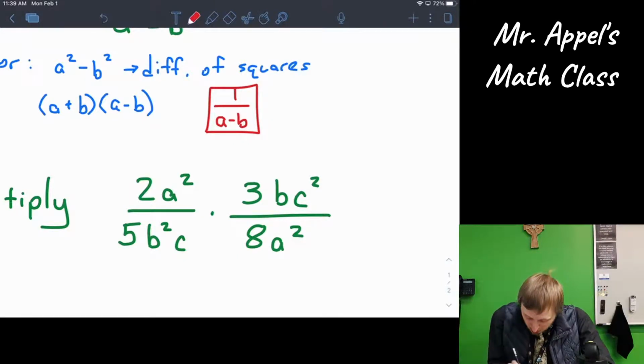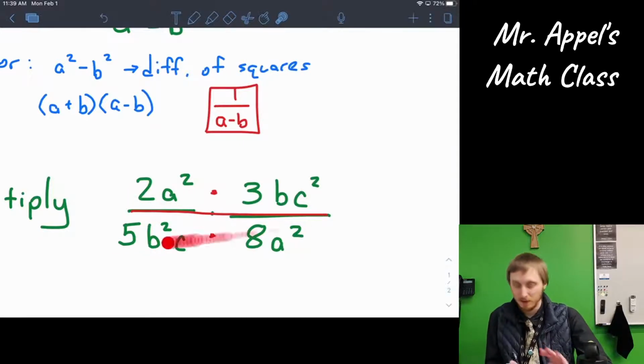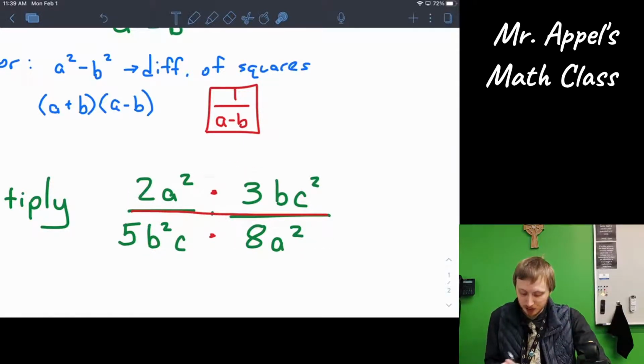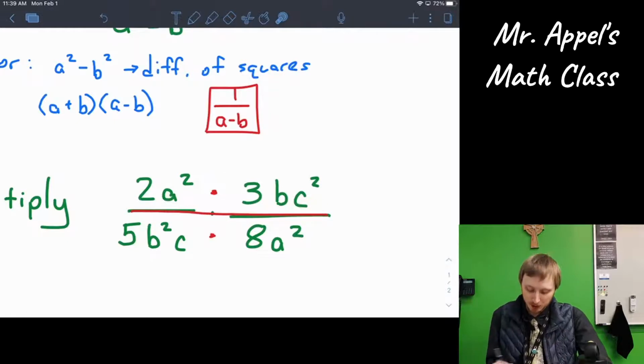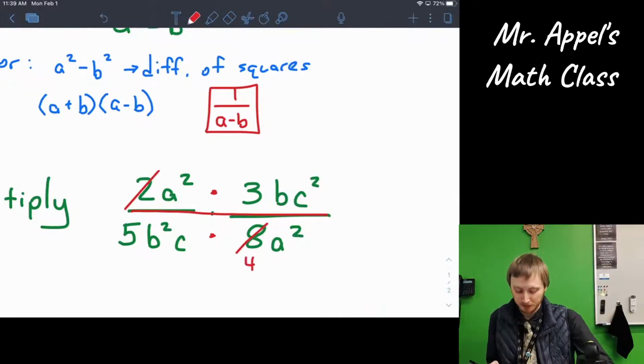Let's just go, this is one big fraction with all this multiplied by all that multiplied by all this. Everything is fair game. I can crisscross reduce. Anything on any of the top reduces with anything on the bottom. So look at this. 2 reduces with 8. Now that's not a 6, huh? 4. Right? Does 3 reduce with 5 or 4? No. Okay.